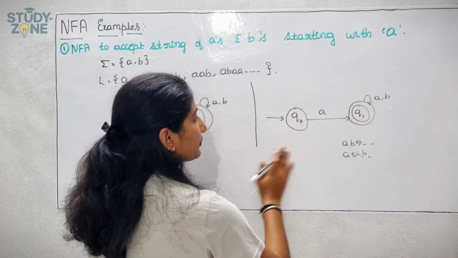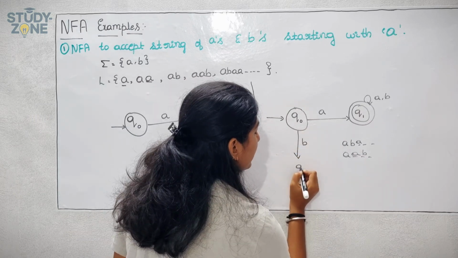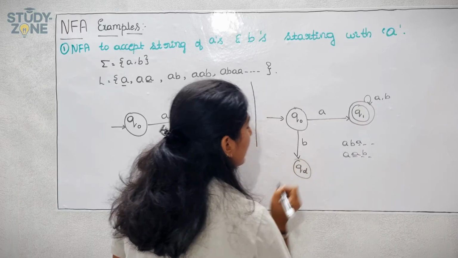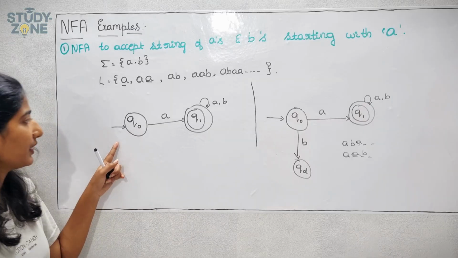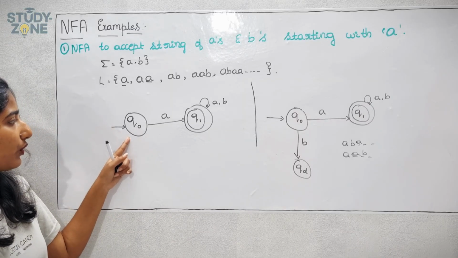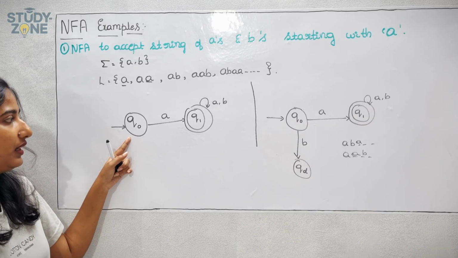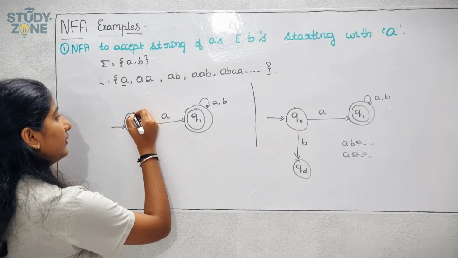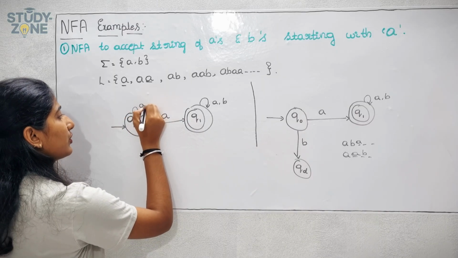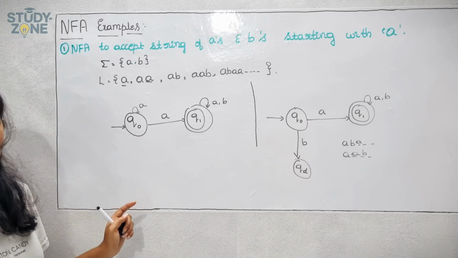So now, if I get B, I should get into a new state, that is a dead state in the DFA, right? But here I didn't represent what Q0 on B should do. And I can have another thing like this also: Q0 on A can stay in the Q0 state also.